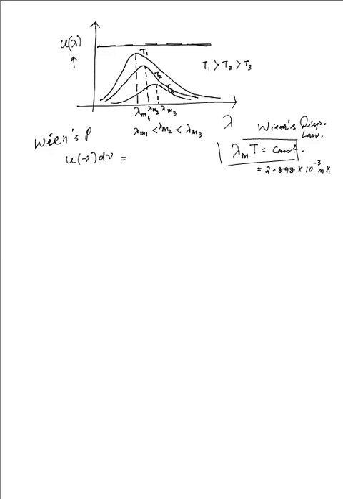So Wien's radiation formula: u nu d nu, which is the energy density we have in the frequency range d nu, is given by A, which is some constant, times nu cubed e to the power minus b, which is again a constant, times the frequency nu divided by kT, multiplied with d nu.